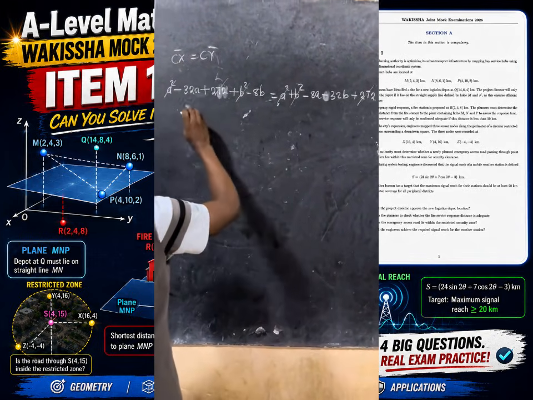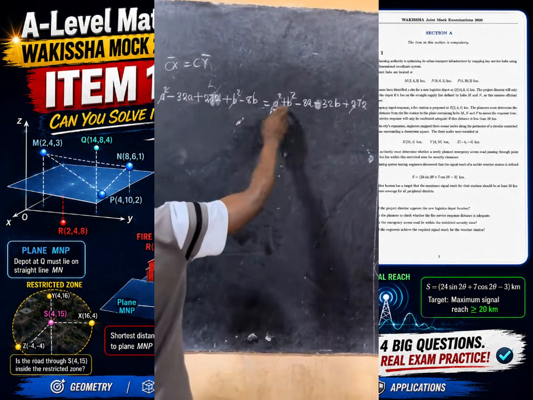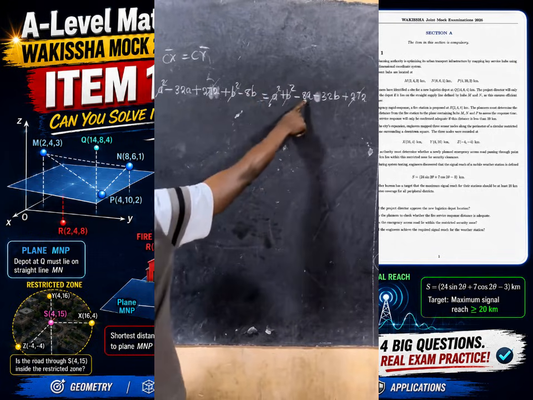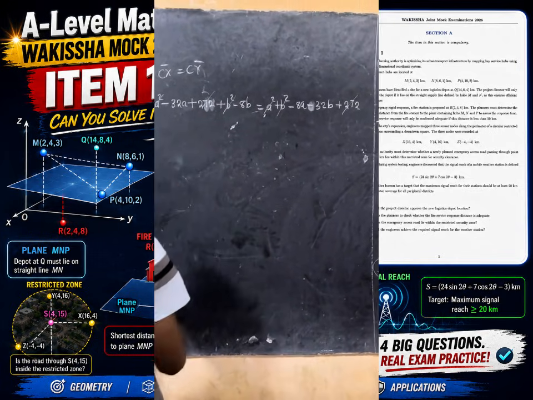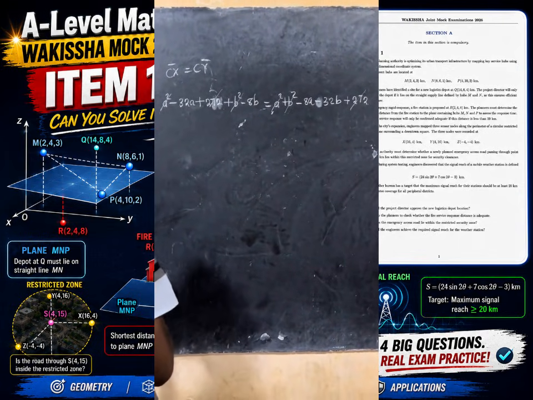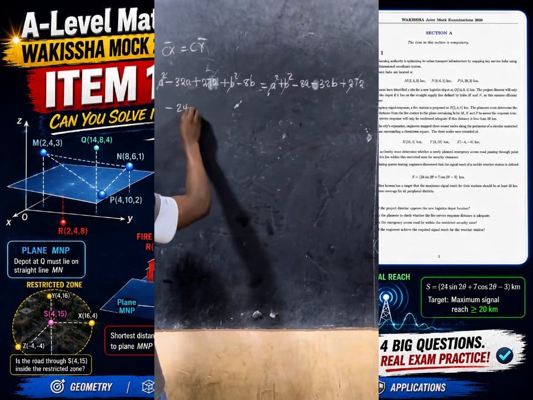Then I'm having a negative 32a plus 8a. When the 8a crosses this way, I'll have negative 32 plus 8, which is a negative 24a.